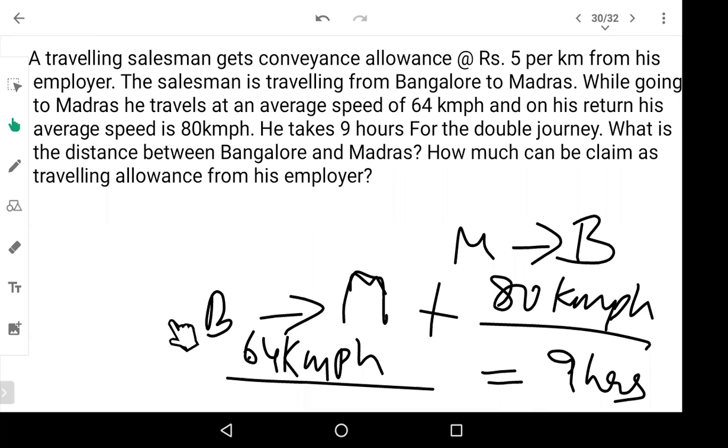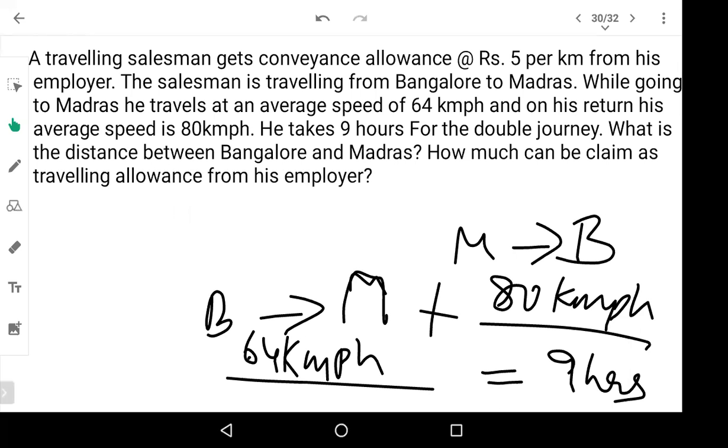But he gets 5 rupees per kilometer as conveyance allowance. So what is the distance between Bangalore and Madras first of all, and later how much money can he claim as the allowance?